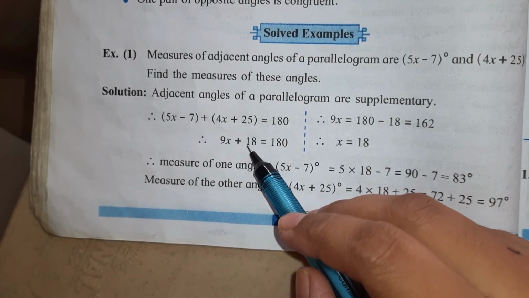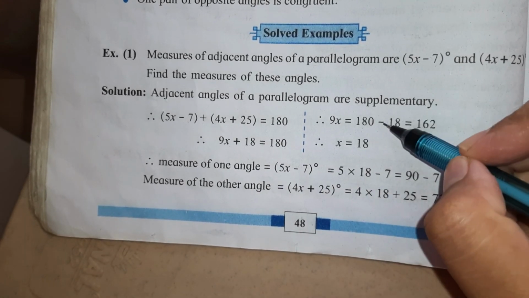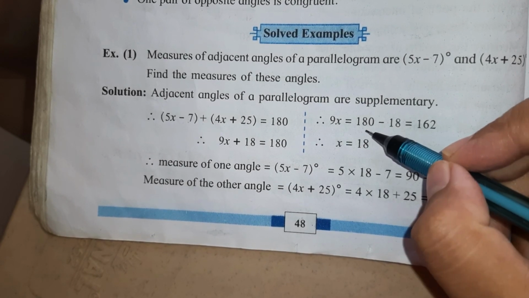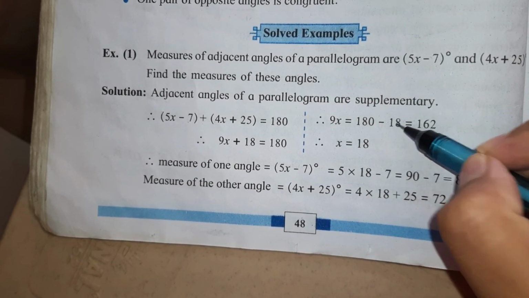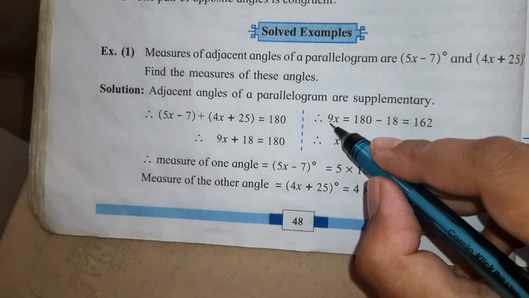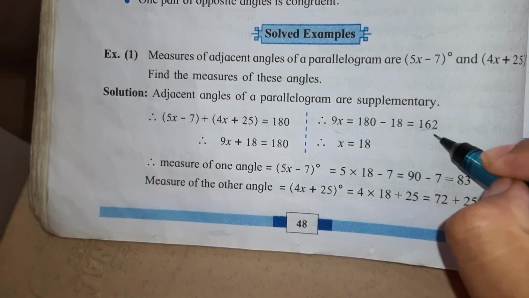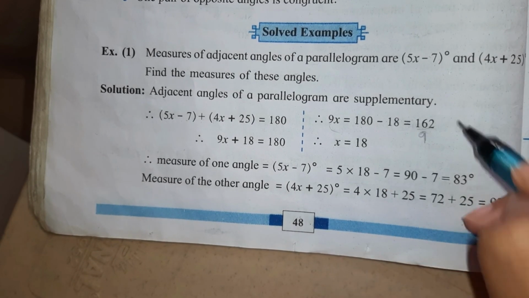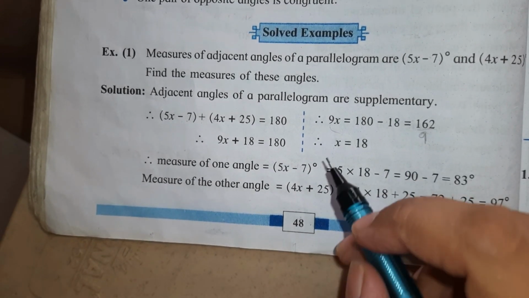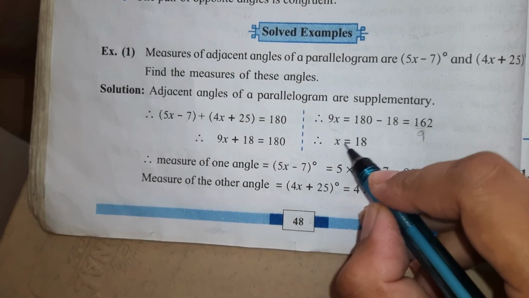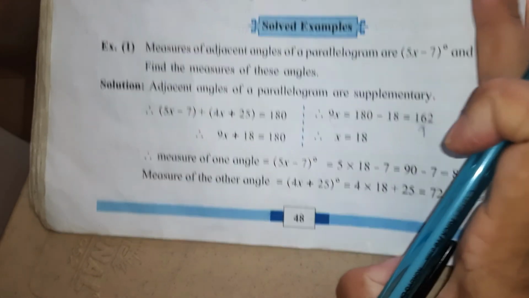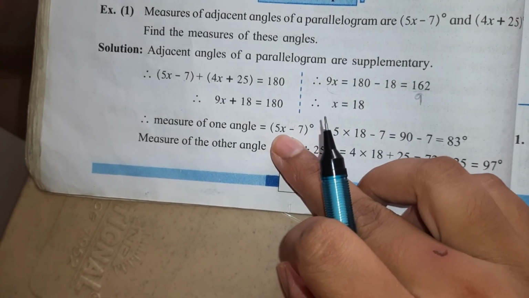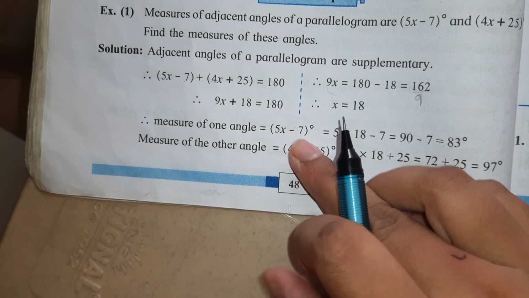Now shift 18 to the right side, so it will become subtraction. 180 minus 18 is 162. Then shift this 9 also, so 162 upon 9 is 18. Means the value of x is 18. Now, what is the measure of one angle? 5x minus 7.